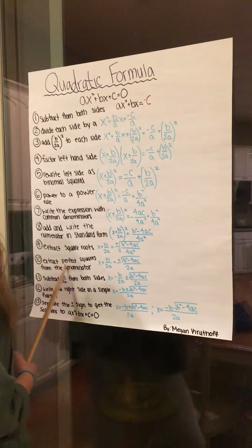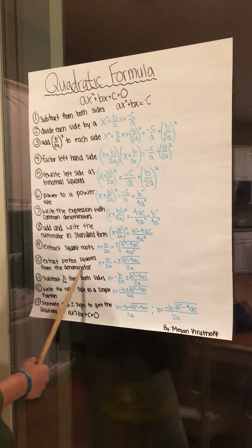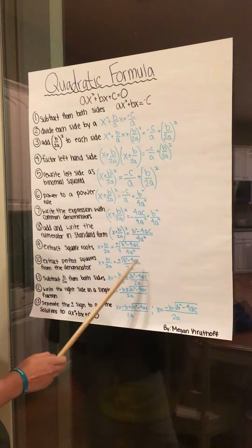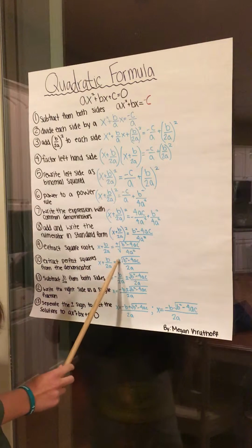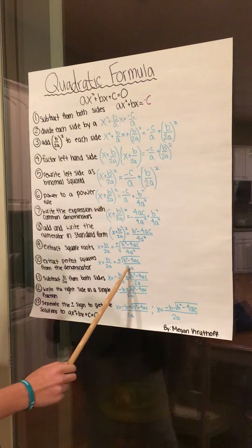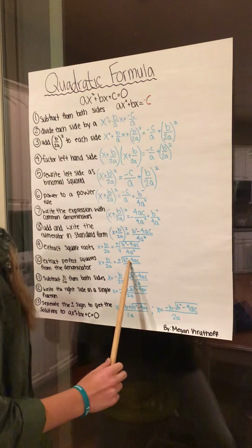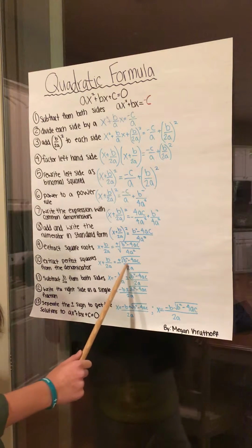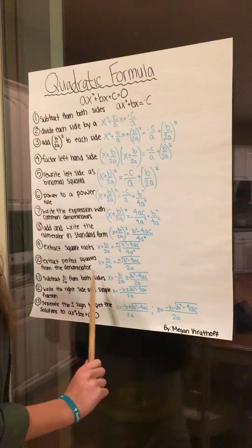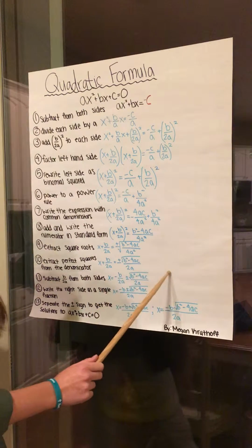And then you're going to extract perfect squares from the denominator. So the right side would be plus or minus the square root of b squared minus 4ac over 2a.